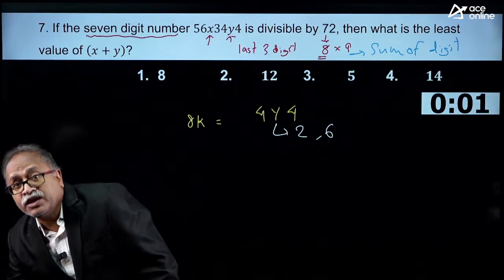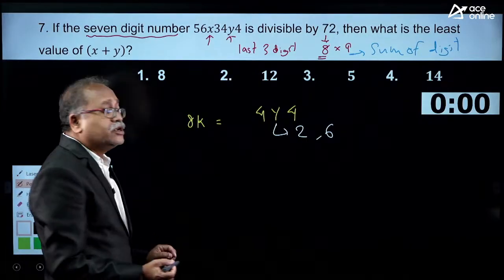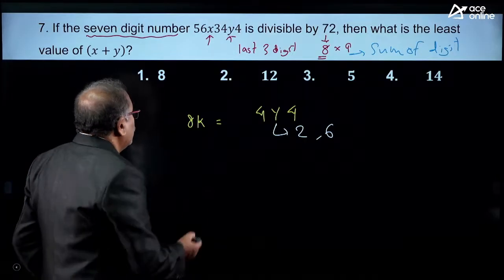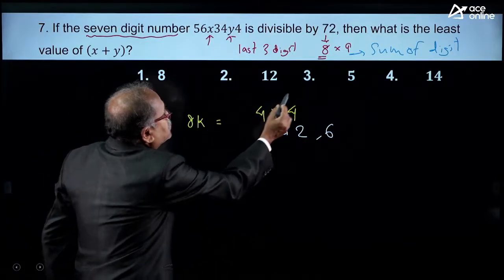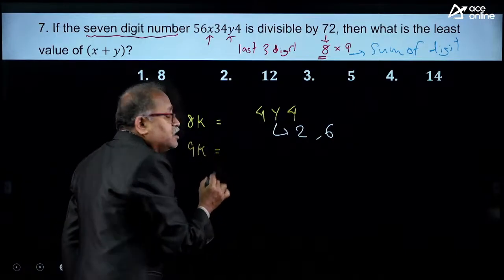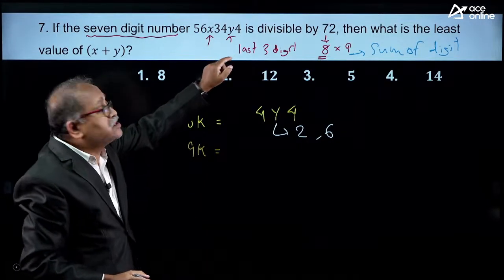Okay, not to worry, I am explaining it over here. If you don't know the divisibility rule, then you will not be able to answer this particular question. Now I am taking the divisibility rule of 9, the number which is divisible by 9, in 9k format. What is the sum of the digits other than x and y?